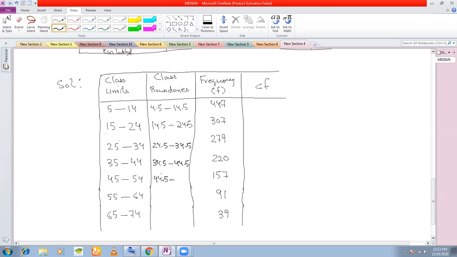The difference is only 1. Half of that is the adjustment factor, class 9. The adjustment factor is 15 minus 14 divided by 2, or you can also say 25 minus 24 divided by 2. All are equal to 0.5. That is why we are subtracting and adding 0.5.